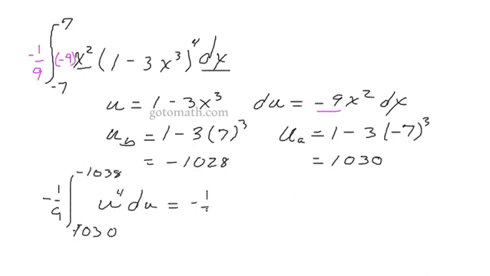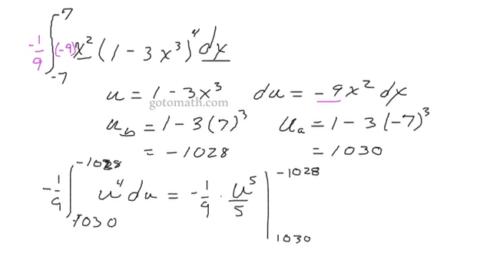So now we can do our integral, which is the easiest part, u to the fifth over 5, and we're going from 1030 to negative 1028. That should be a 2 there. Somebody probably said, wait a minute, that's supposed to be a 2.